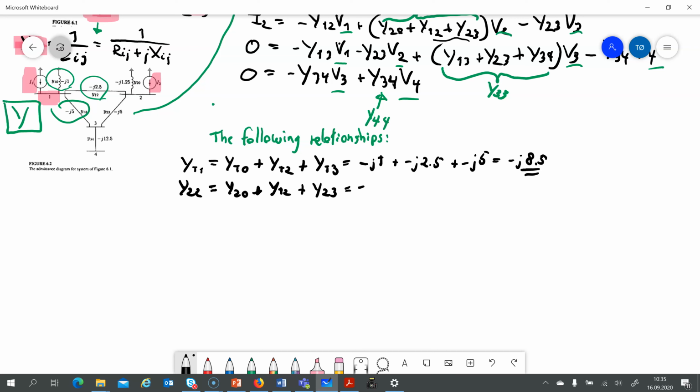So this is minus j1.25 and plus minus j2.5 plus minus j5 equals minus j8.75. Yes.